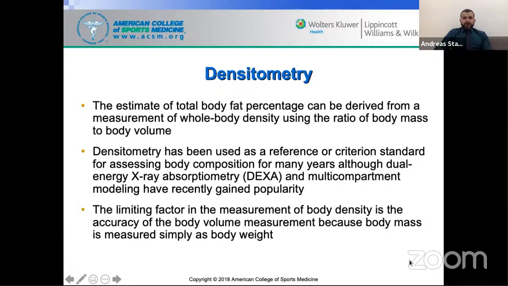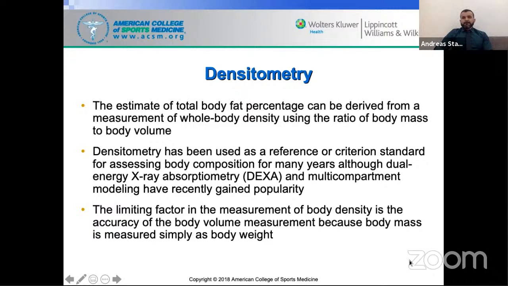Densitometry. So in order to get the density of our body, we use the ratio of body mass and body volume. An easy way to understand the difference between volume and mass is that volume is how much space we occupy, like how much space I occupy right now, and body mass is how much we weigh.